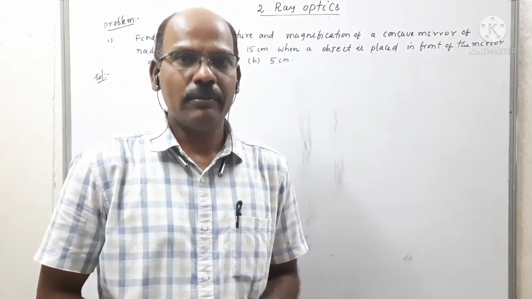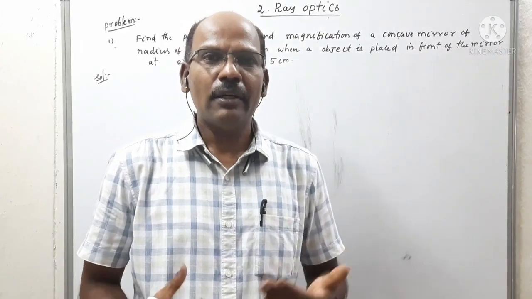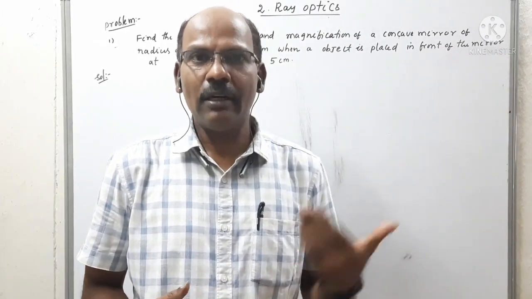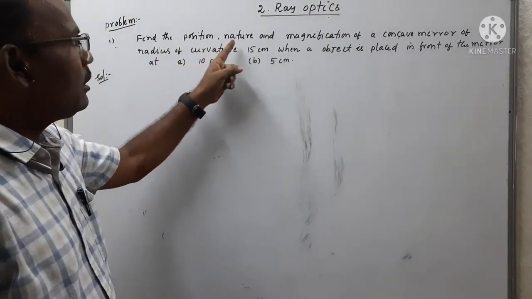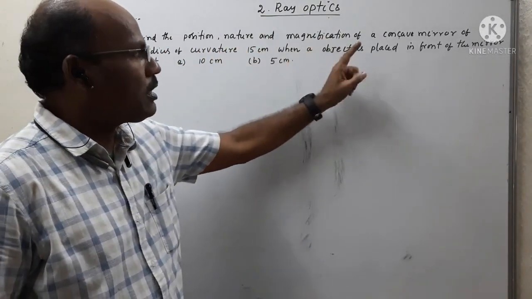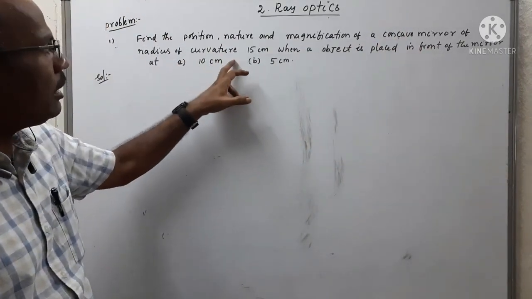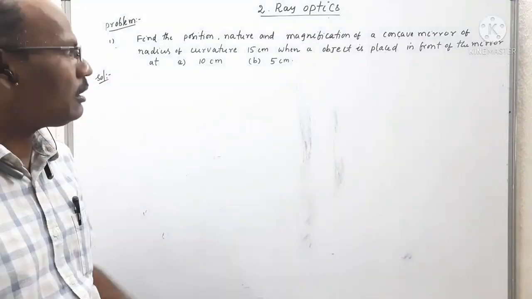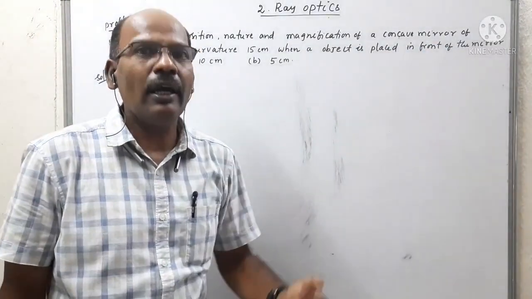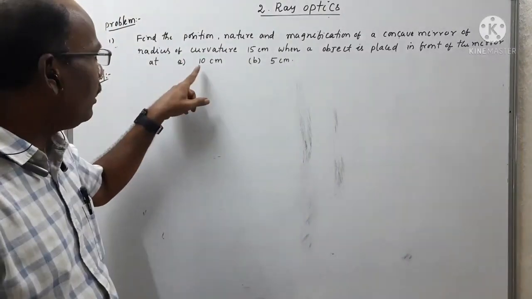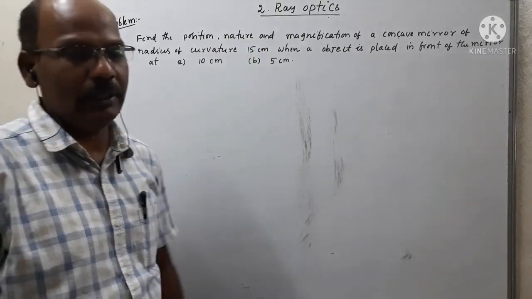Let's solve one problem basing on the mirror equation and magnification. So the problem is like this. Find the position, nature and magnification of concave mirror of radius of curvature 15 centimeters when object is placed in front of the mirror at a distance of A, 10 centimeters and B, 45 centimeters.